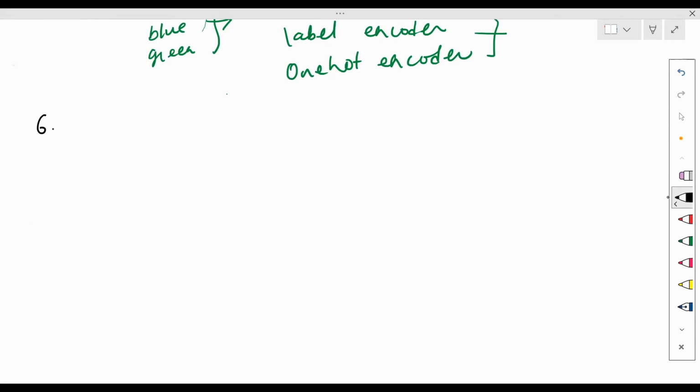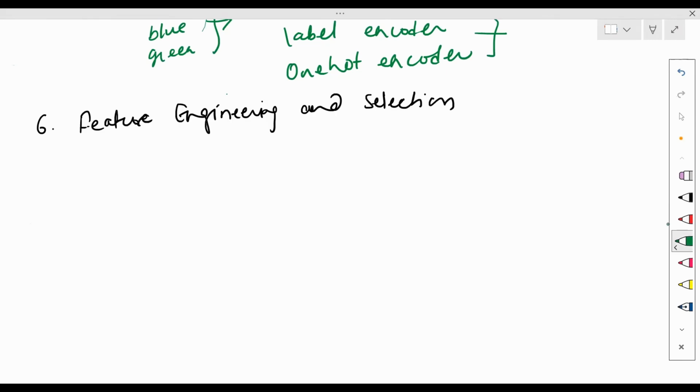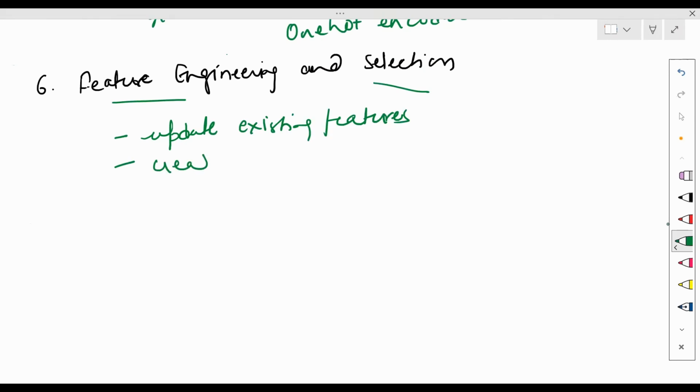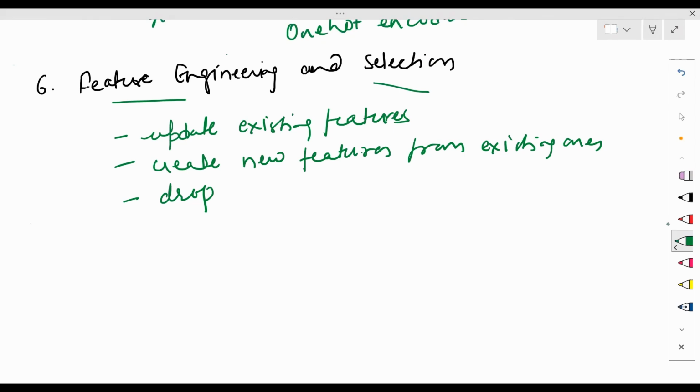Once the data is pre-processed and cleaned, we move to our next step, which is feature engineering and selection. As the name suggests, there are two tasks here, feature engineering and then feature selection. So for feature engineering, we might need to update existing features, create new features from existing ones, or drop the features which are not required.